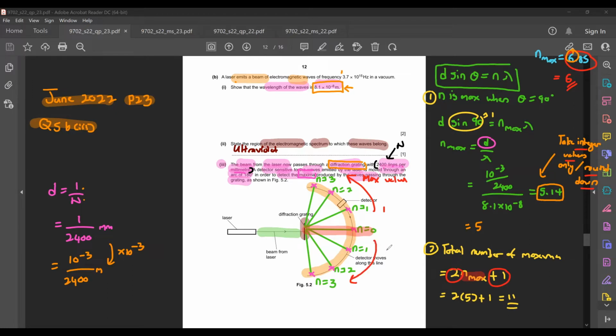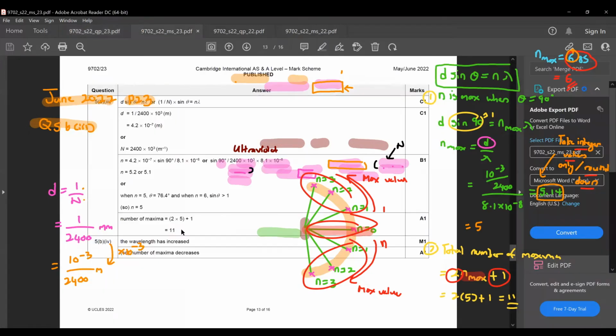So this one will also be going from 1 to a max value. So if we want to take into account the maxima on both sides, I need to take N max times 2. And then I also need to plus 1 because I need to take into account the maxima right at the center. So this is why I need to have 2 N max plus 1, giving me an answer of 11. So let's check the answer. Yes, your number of maxima is, strictly speaking, just 11.